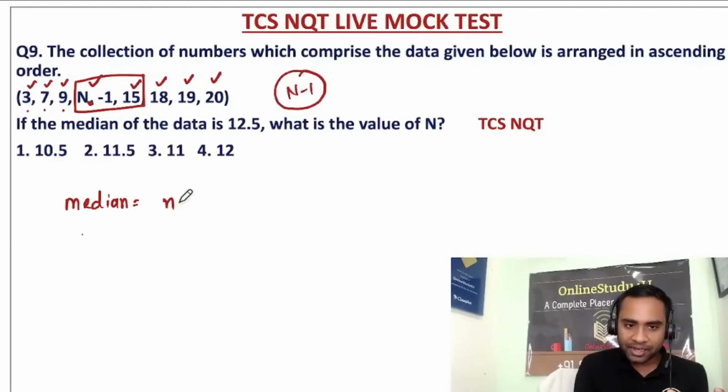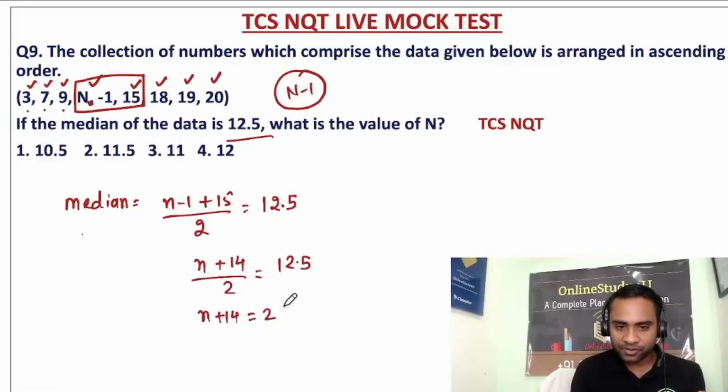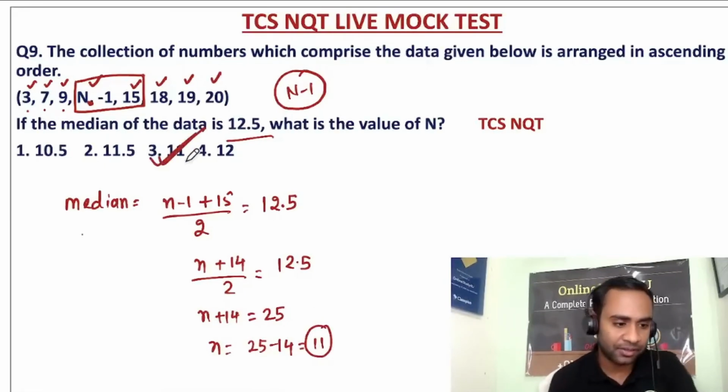The median will be n minus 1 plus 15 divided by 2, and the median is given as 12.5. So n minus 1 plus 15 is n plus 14, divided by 2 is equal to 12.5, and n plus 14 is equal to 25. So n will be equal to 25 minus 14, which is 11. So 11 will be the correct answer.